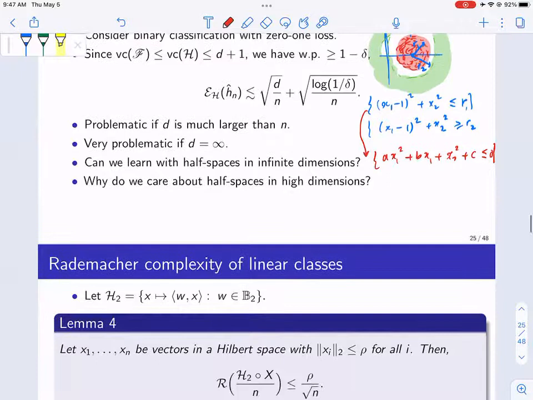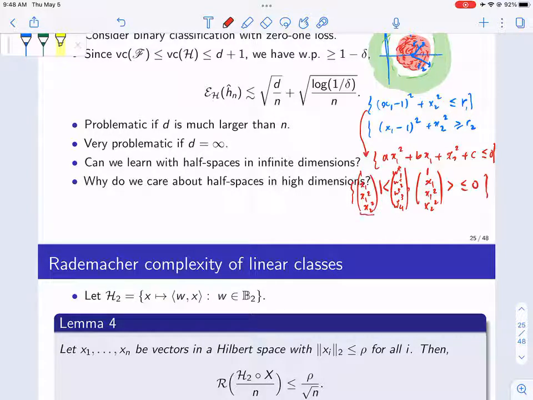So if you think of this as a vector, you can say w star times (1, x1, x1 squared, x2 squared) less than or equal to 0, right? So that's the set of all such (1, x1, x1 squared, x2 squared) such that this holds.